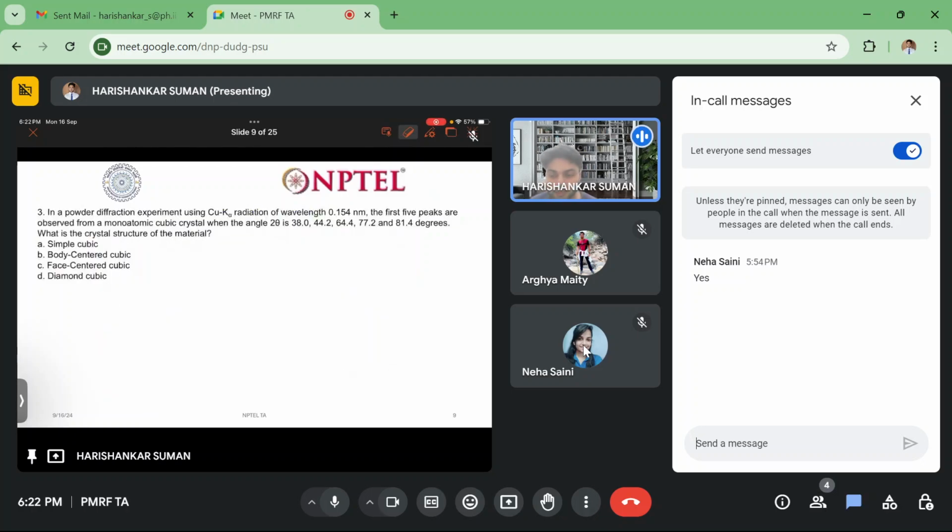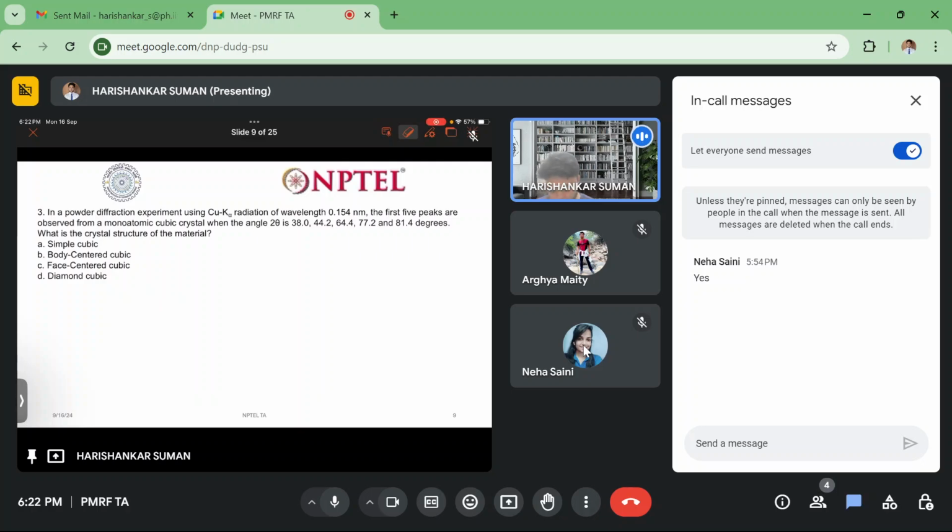So let's discuss the next question. In a powder diffraction experiment using copper K alpha radiation, wavelength 0.154 nanometer, the first 5 peaks are observed from a monoatomic cubic crystal.